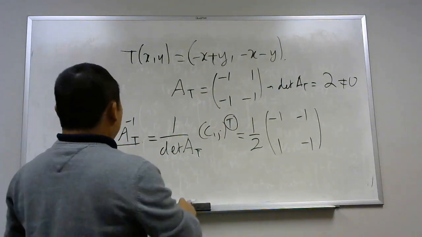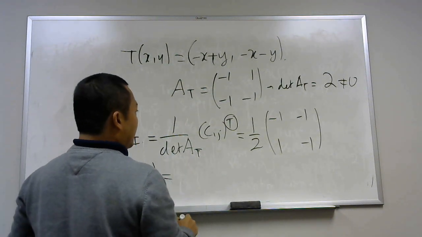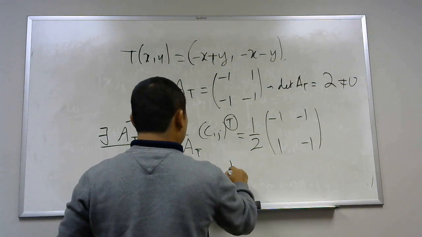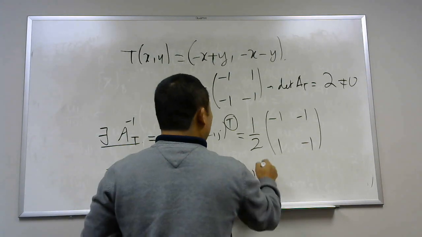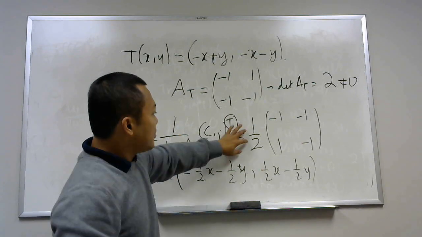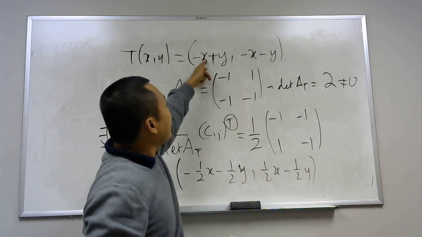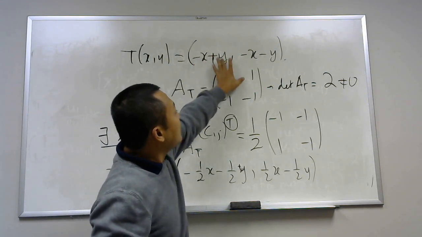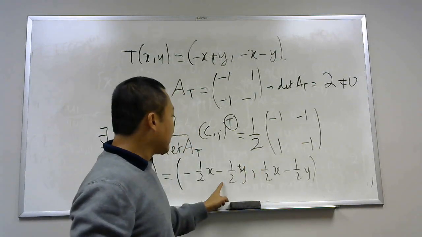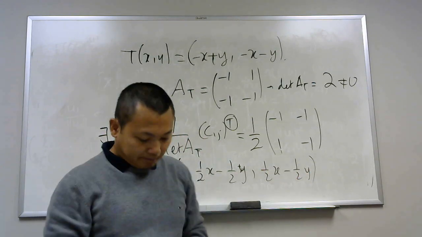So from here I can write T inverse of x and y equal to -1/2 x minus 1/2 y, and then 1/2 x minus 1/2 y. You see, I just multiply 1/2 into these entries, right? And I just go back. Done.